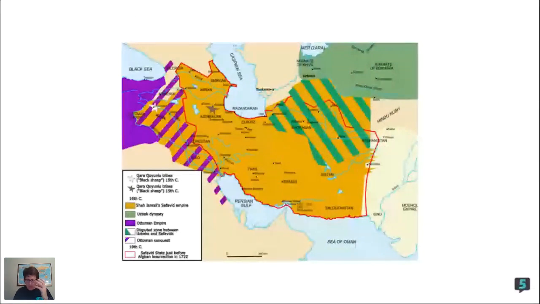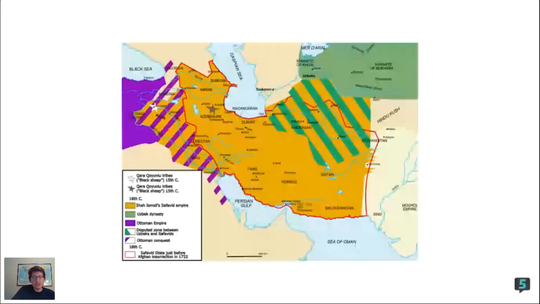So when we think about belief systems in these empires, and we were talking about political rivals in these empires, religion is very much tied up in that. The political rivalry between the Ottoman and Safavid empires leads to a greater division between religious groups.